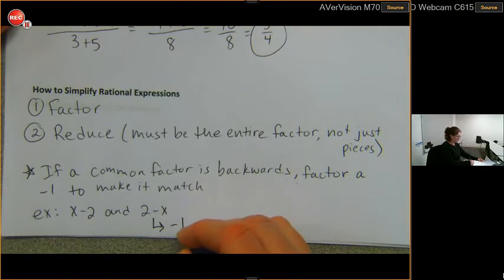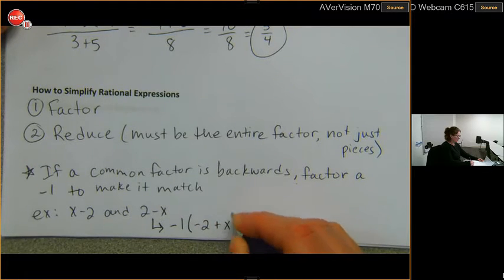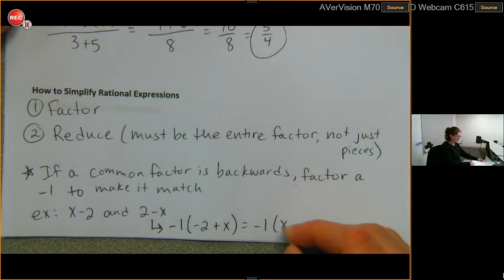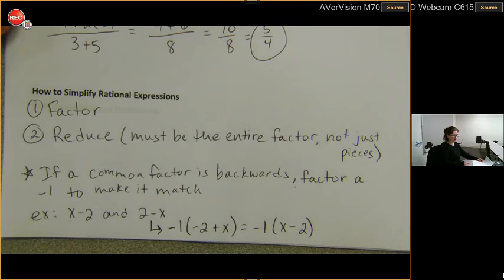We're going to factor out a -1, which is like dividing by -1. And then by the commutative property of addition, I can flip that around. So we have -1 times x minus 2. So when we're looking to reduce, we'll have x minus 2 reducing with x minus 2 and leaving out a -1.